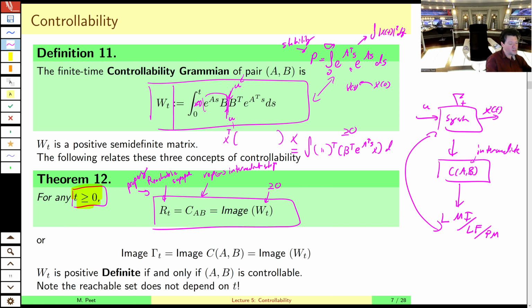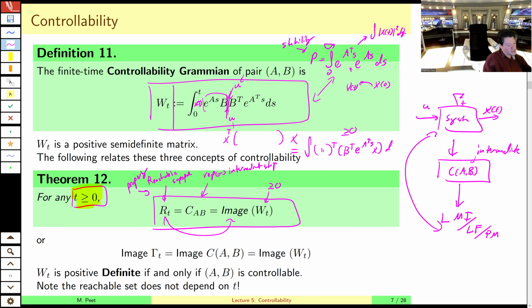So a relationship between this particular matrix, if it exists, and this intermediate step, which we don't care about, and the property of the system. So we've now been able to skip this intermediate step entirely, and just these two are equal. Those are the ones we really care about.